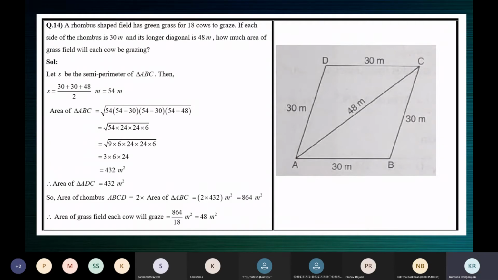Now, the question for the class is, find the length of the diagonal BD.